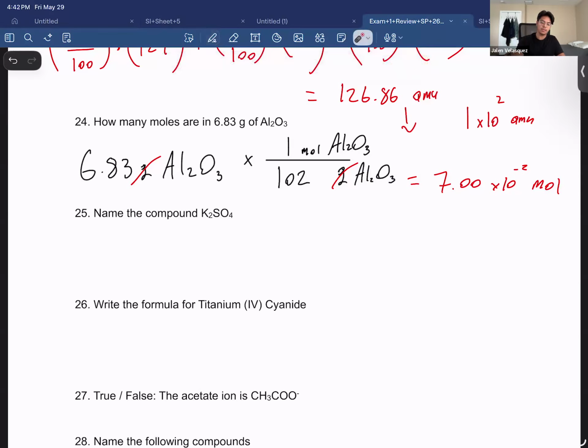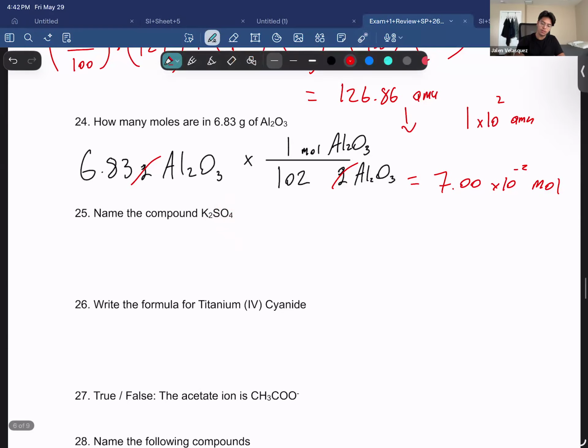K is potassium. SO4 is a polyatomic ion that you need to know, which is the sulfate ion. So this is going to be potassium sulfate.